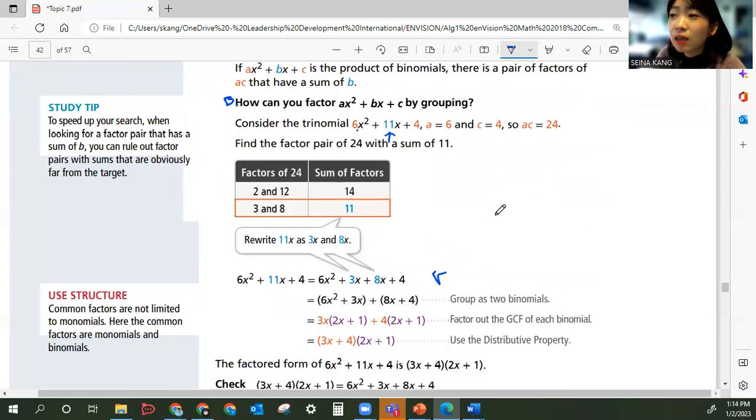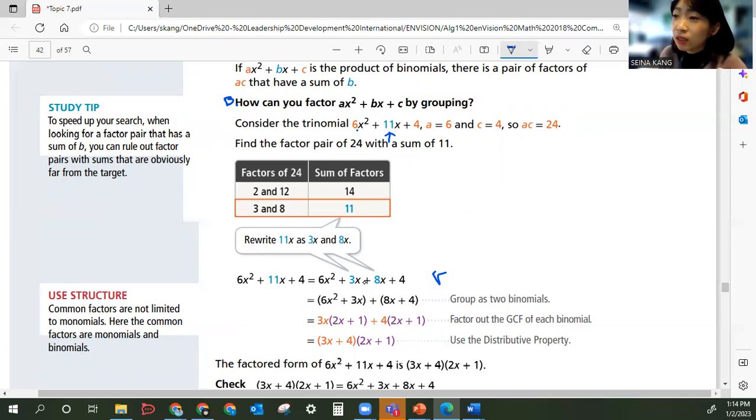And then we're going to group as two binomials. So we're adding the two binomials. You'll see why we're doing this. We first group them, and then we factor out the greatest common factor to make the binomials simple.